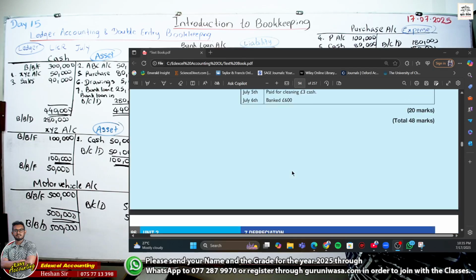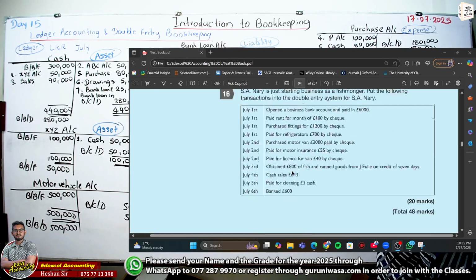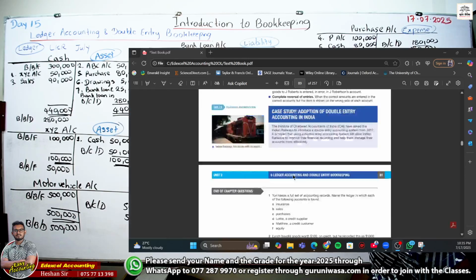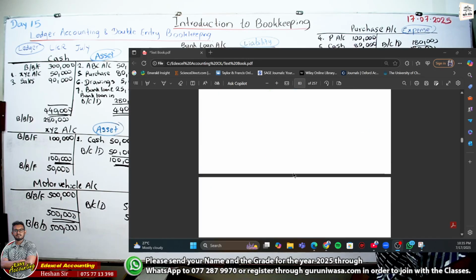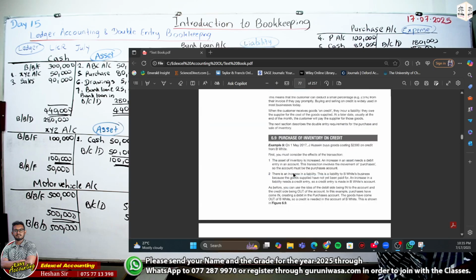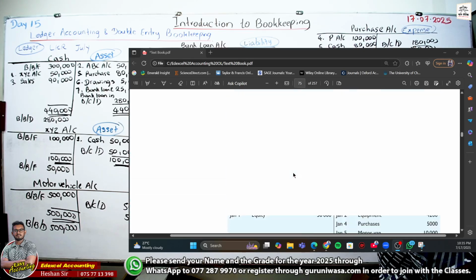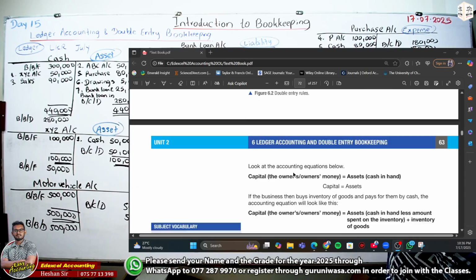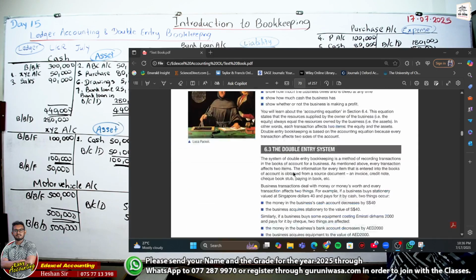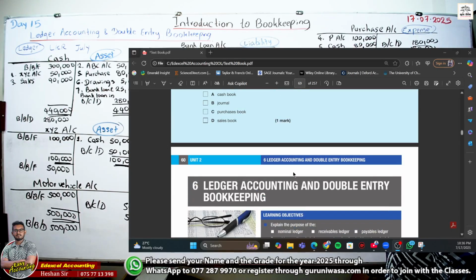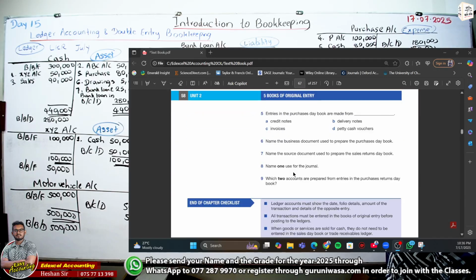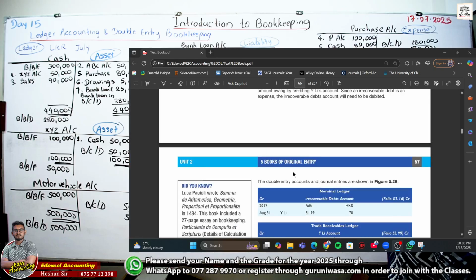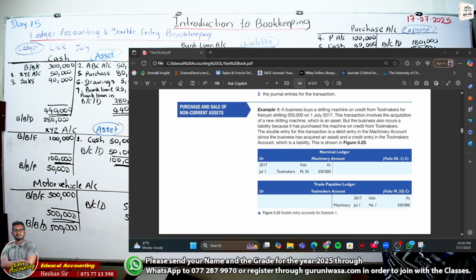Then we can finish it and go to the previous part, because I missed the previous part. We need to go under introduction to books. I did the first part, the ledger accounting and double entry principle, but I missed the primary books part, the books of original entry. I want to do it after that.